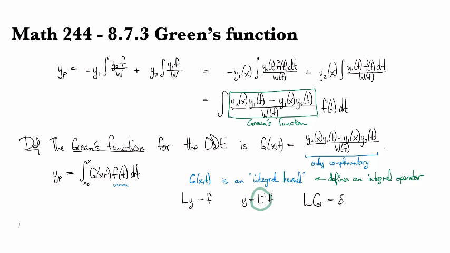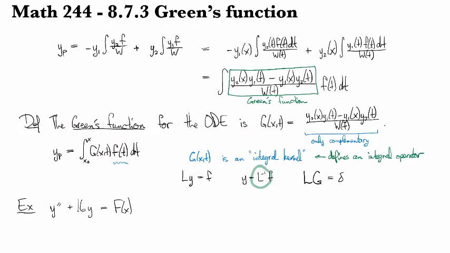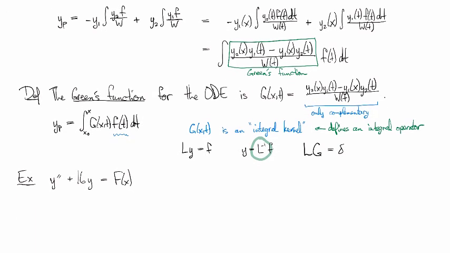Okay, so let's look at an example. Suppose we have y double prime plus 16y equals some function, and I'm not going to tell you what it is yet. Well, you can still go ahead and solve this problem. So y1 is going to be cosine 4x, and y2 is going to be sine 4x. You can probably see that by inspection.